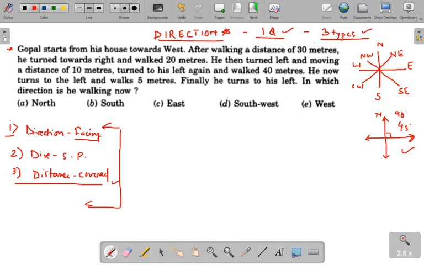I'll start with this question. Gopal starts from his house towards west. After walking a distance of 30 meters, he turned towards right and walked 20 meters.